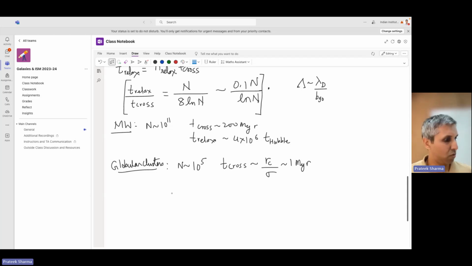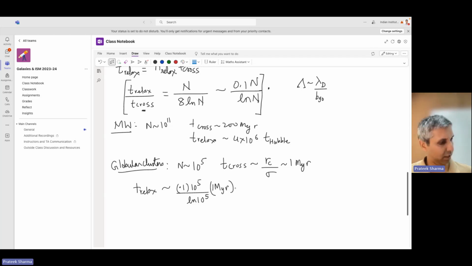Okay, so let's see. T relax, if you plug in these numbers in this formula, what you get is 0.1 times 10 to the 5 by log of 10 to the 5 times a mega year, which is the crossing time.